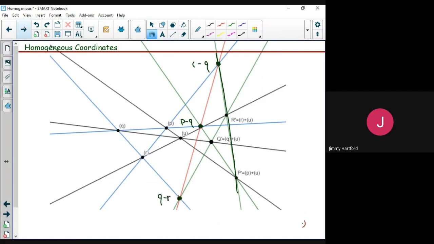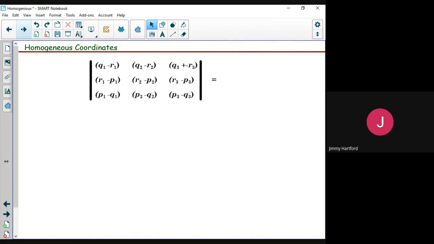And then we're going to expand these 3 points, just like we've done a couple times, and put it into the matrix and determine whether the determinant is 0. And here's our matrix. And sure enough, the determinant will be 0.